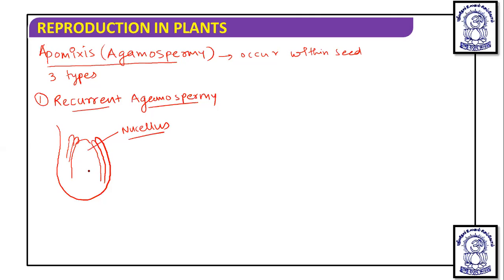Suppose one of the nucellus cells gets modified and is known as the megaspore mother cell. You know that the nucellus is also diploid and the megaspore mother cell is also diploid. Now if this diploid nucellar cell or this diploid megaspore mother cell undergoes division and forms a diploid embryo sac.